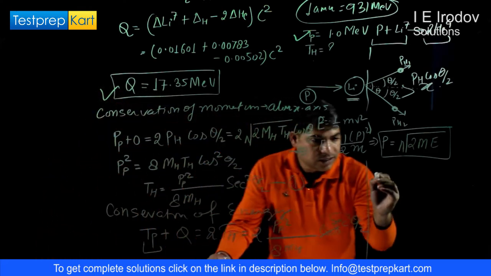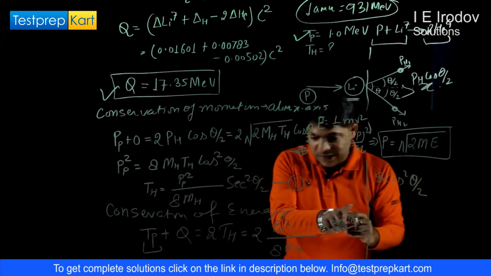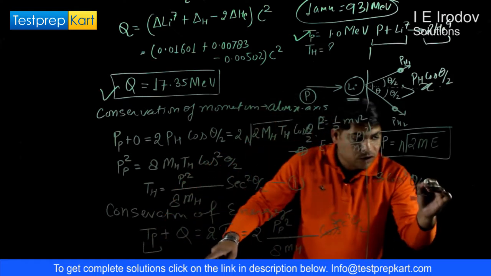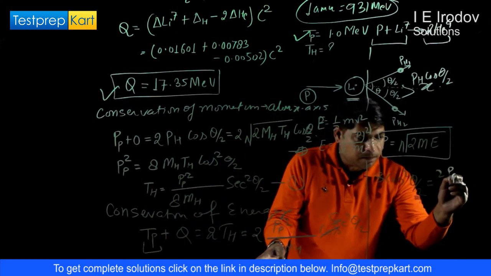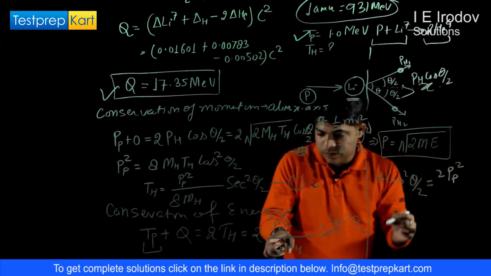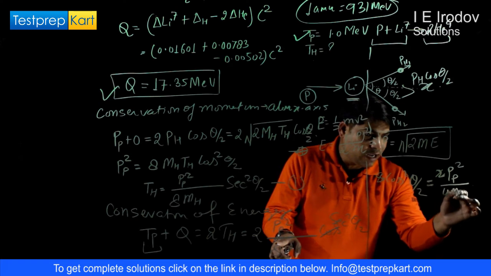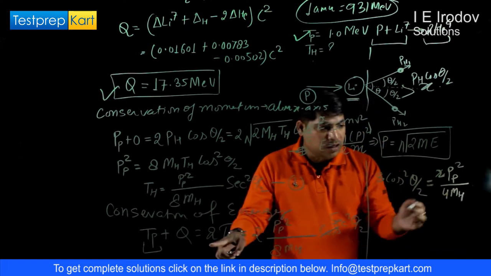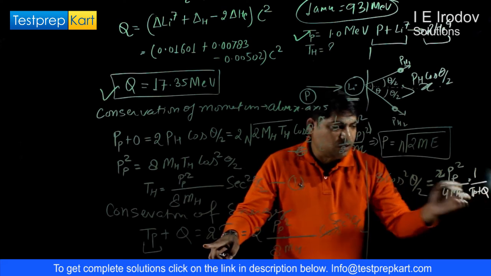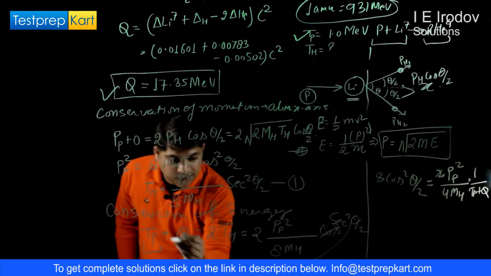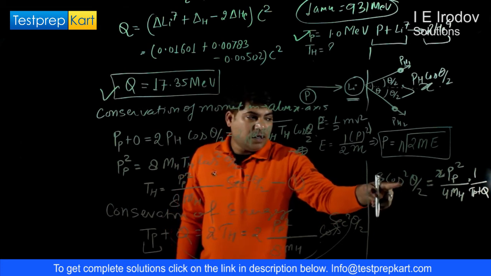We may write cos square theta by 2, taking this term on the left side, equal to 2 P square upon, eliminating this term, 4 mH, into 1 upon PP plus Q. We are just exchanging these terms. So from here we have got the value of cos square theta.